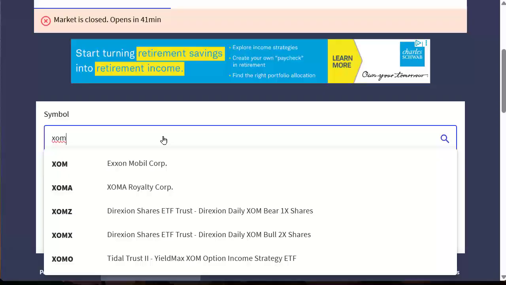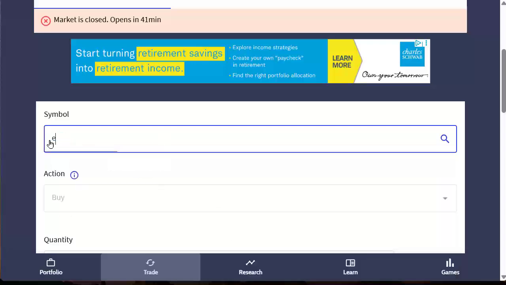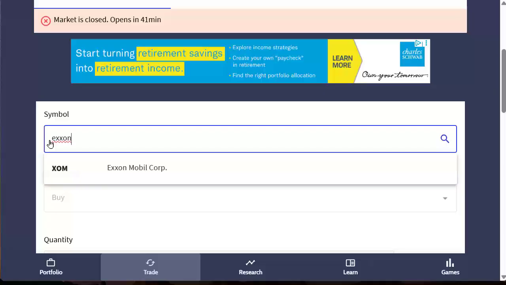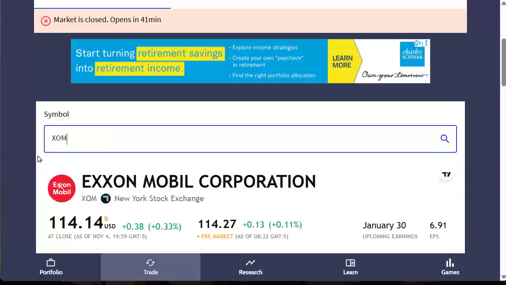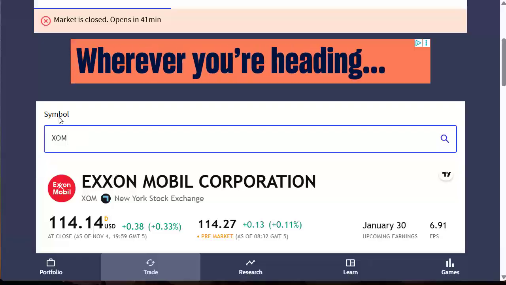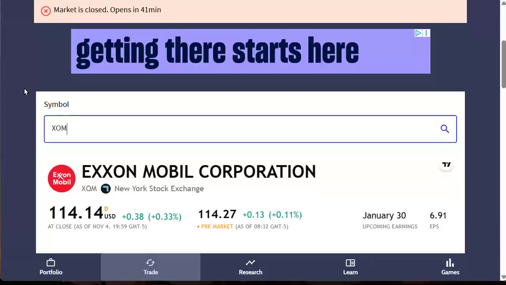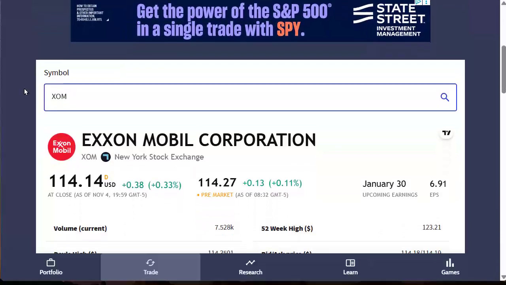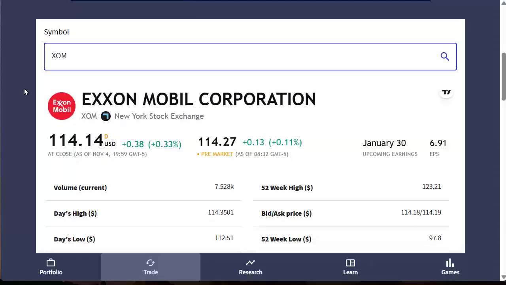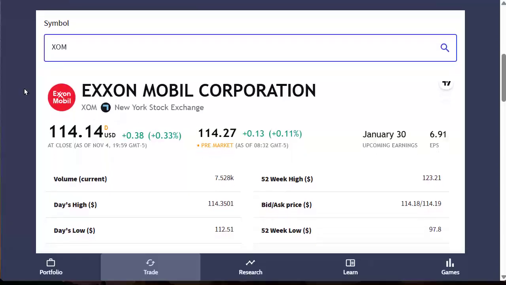So to just buy a single share or shares in a company you like, you just have to figure out the name of the company. With Exxon, you can just type in Exxon and it comes up. Now the reason I'm selecting this one is not because I like Exxon, it's just because every 3 months, if you have a share of Exxon, you get a little bit of money, which is called a dividend.